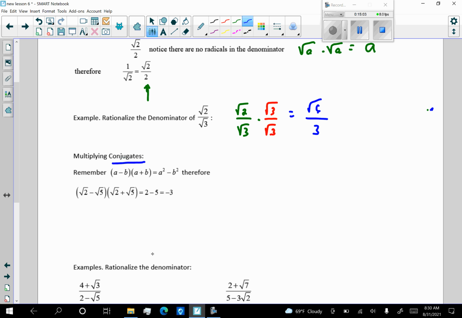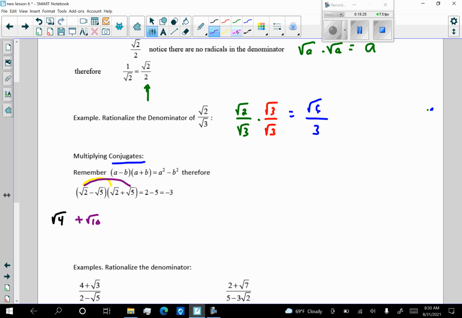If I were to multiply that out using the FOIL method, I have square root of 2 times square root of 2. I'm going to write this out and show you that. That's going to be the square root of 4. Now I'm going to take square root of 2 times square root of 5. That's going to be a positive square root of 10.